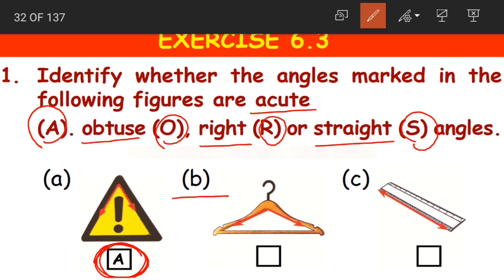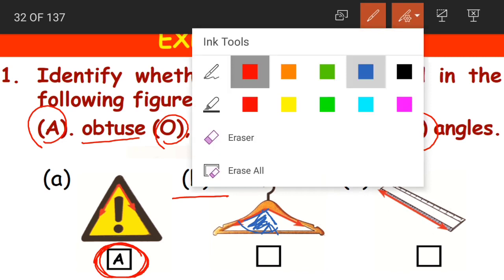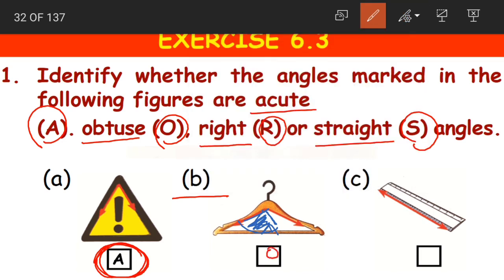Now coming to B, here this is our right angle, and as we can see, the given angle is greater than the right angle. As it is greater or more a bigger angle, we call it as an obtuse angle. Yes, so O will be our answer.